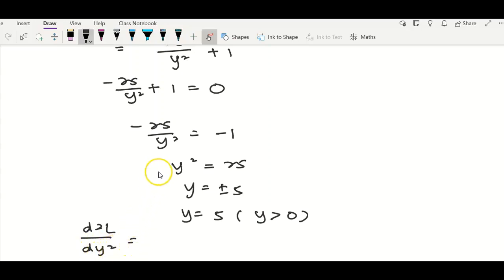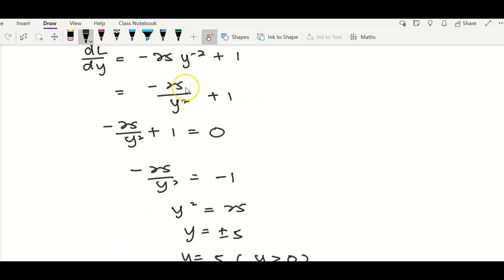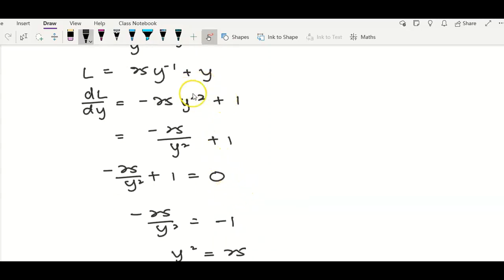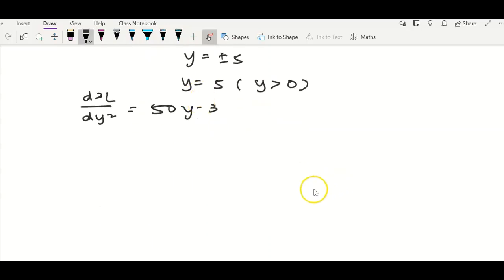From the d2L/dy2, that will be 50 y to the power of -3. We bring down the -2 to the front, multiply by -1. We got 50, 2 multiplied by 25, and then the power -1 becomes -3. Then simplify, you have 50 over y cubed.